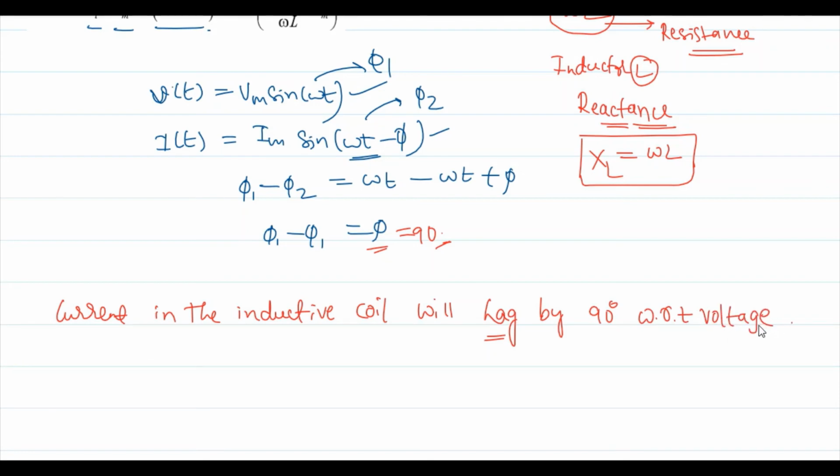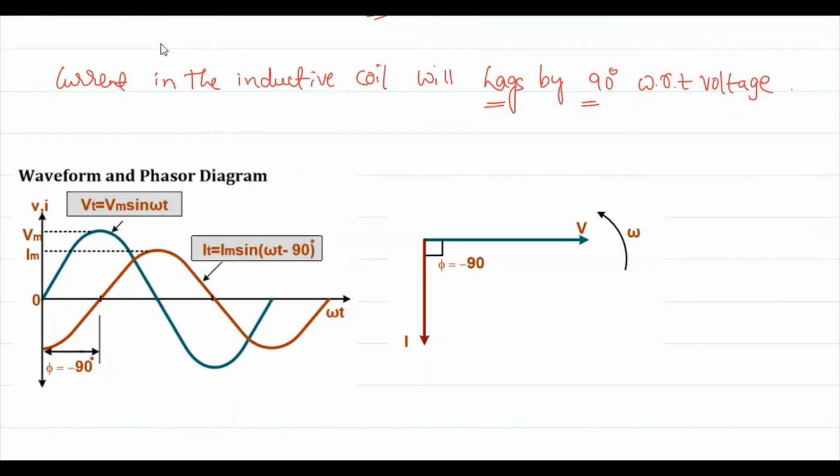Otherwise, you can say that the voltage is leading by 90 degrees with respect to the current. Here we are talking about the current we have calculated. That's why the current flowing in that particular inductor lags by 90 degrees with respect to voltage.